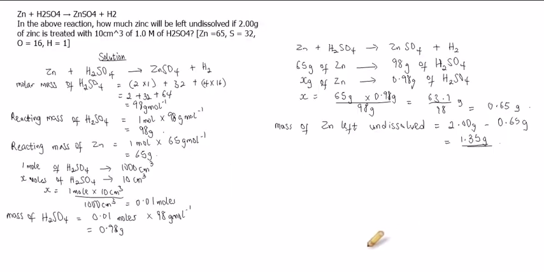So with this, we've just answered the question and we've gotten the mass of zinc that will be left undissolved to be 1.35 grams.